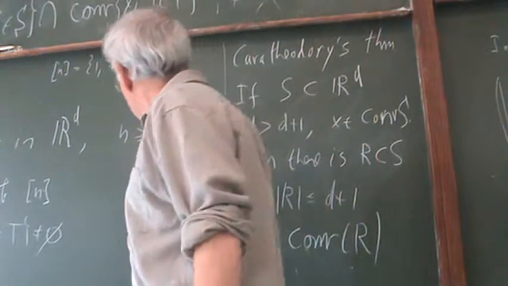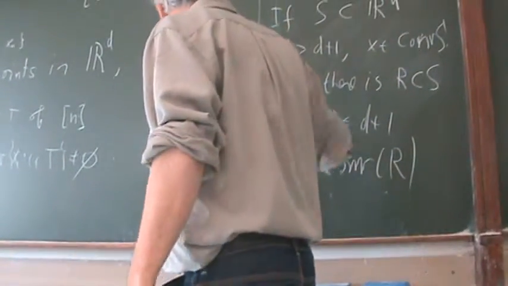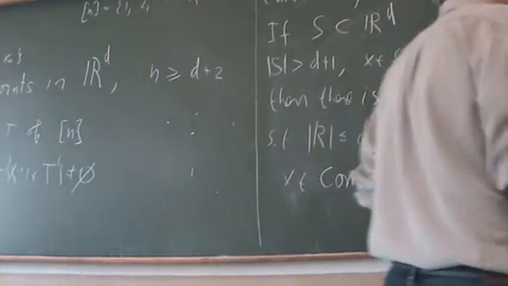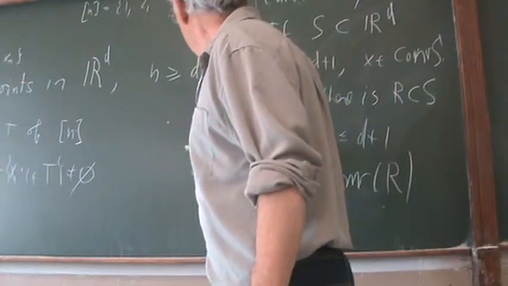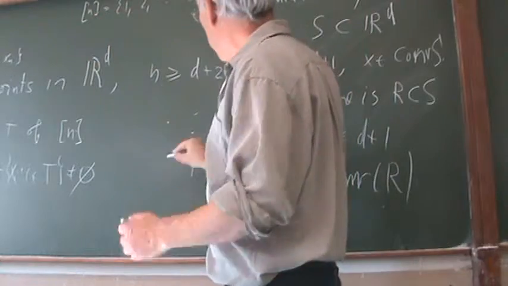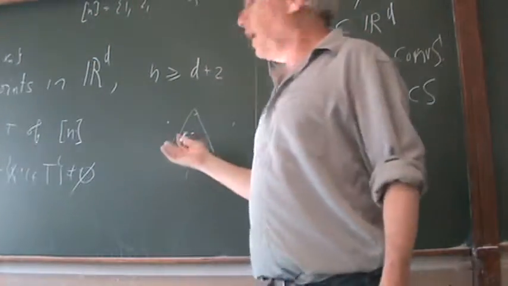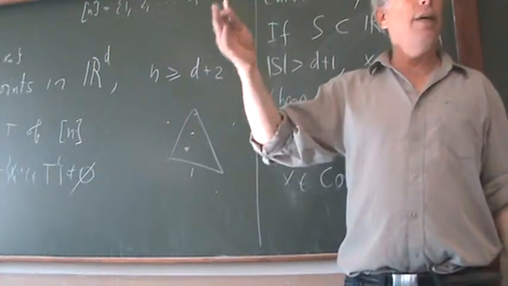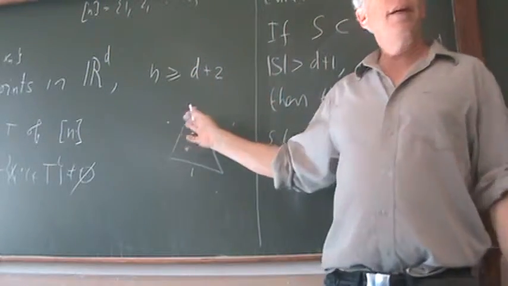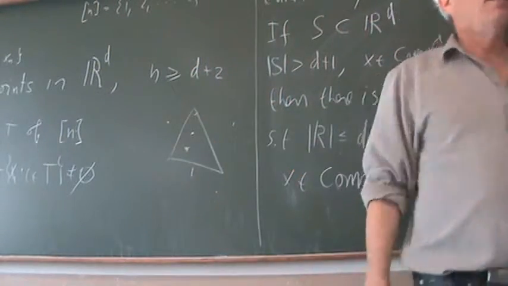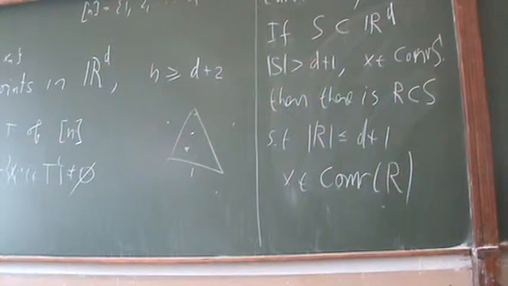So the theorem says that this point in the convex hull is already in the convex hull of some triangle. Of course, we cannot hope for better, because if we take only convex hulls of pairs of points, they are very sparse in the plane. But okay, so this is Carathéodory's theorem.